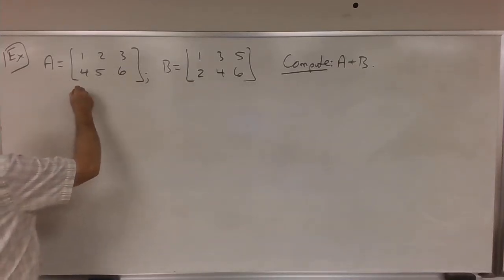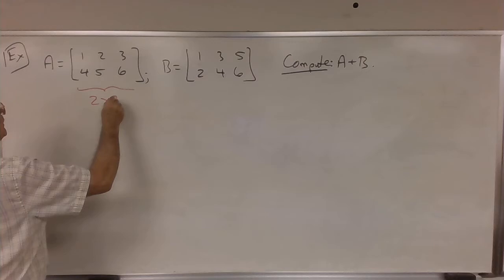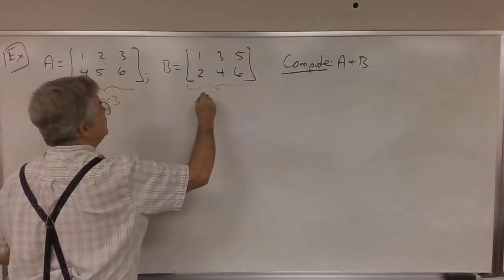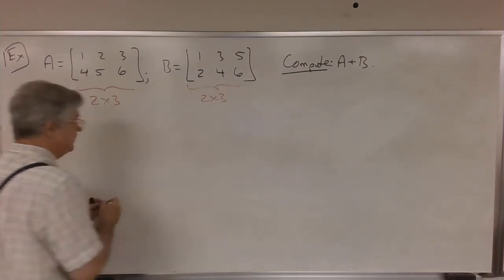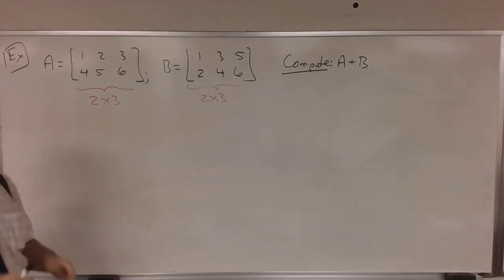These two matrices are the same size. They're both 2 by 3. So they can be added.